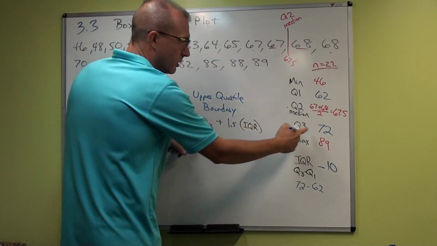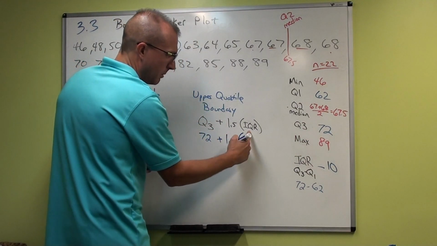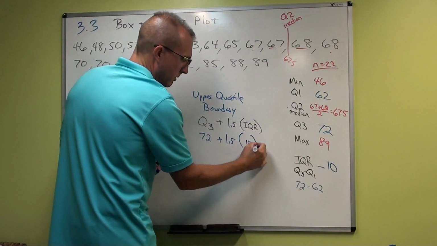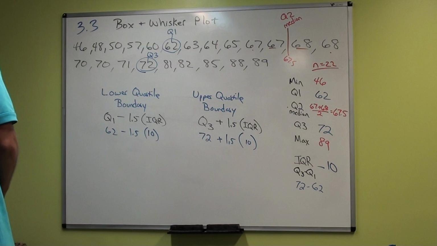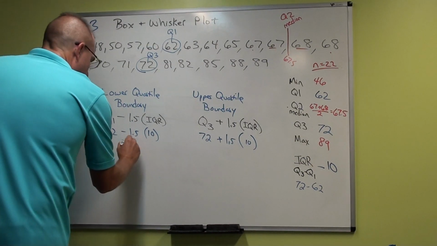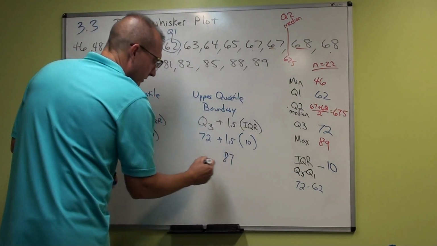Set my next one up. Q3 is 72, plus 1.5. My interquartile range was 10. Alright. You solve those on the calculator, make sure you get the same answer I get. So for the first one we're going to have 47, and for the second one we're going to have 87.